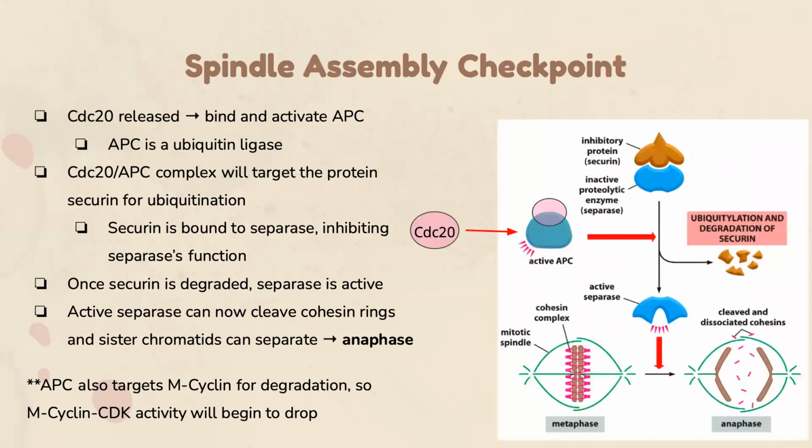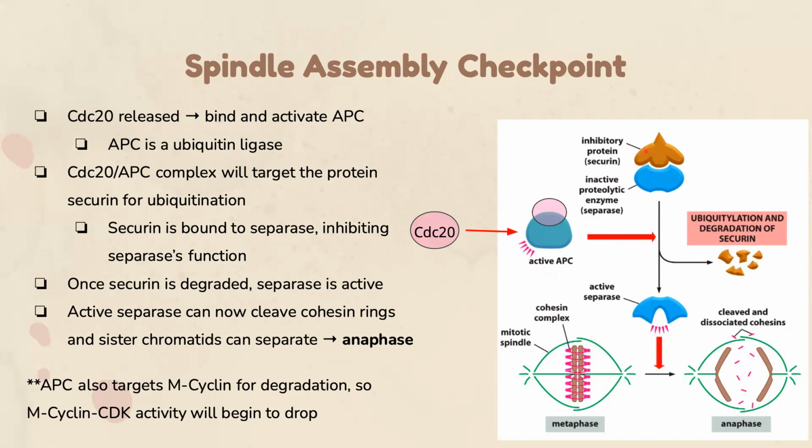In order to separate, it has to get rid of those cohesin rings so that they're not bound together anymore. That's what the spindle assembly checkpoint is all about. You have your CDC20, and it's going to bind and activate APC, which is a ubiquitin ligase. It's going to degrade securin. Beforehand, securin and separase were bound together, but once APC is activated, it degrades securin.